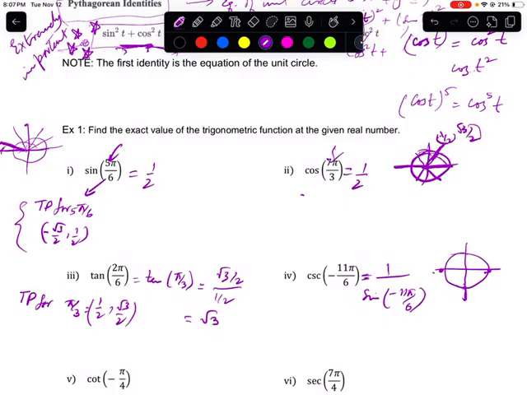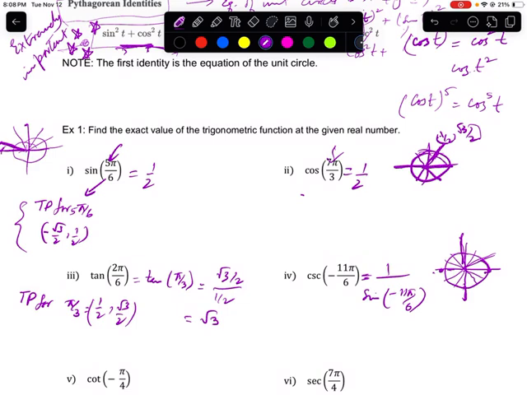Then I go, if you recall, 3 pi over 6 is here, so 6 pi over 6, 7, 8, 9, 10 and 11. So we land here. So our reference angle is pi over 6, and we are in the first quadrant.